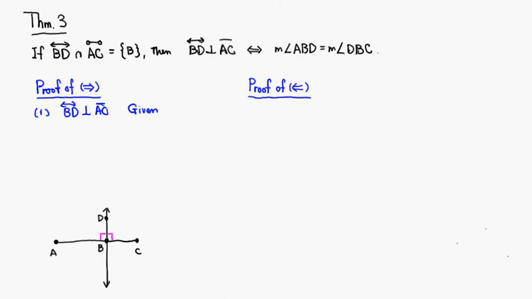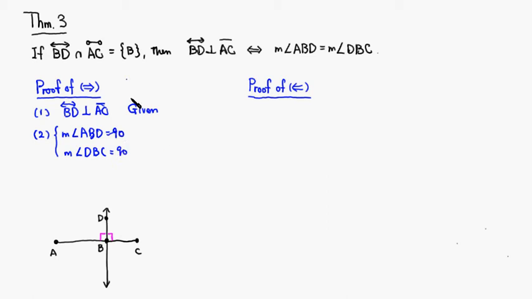All right, so here, 2. By definition of perpendicularity, we know that the measure of the angle ABD is 90, and also the measure of the angle DBC is equal to 90, right?